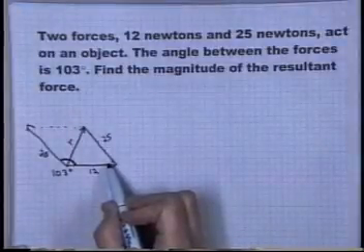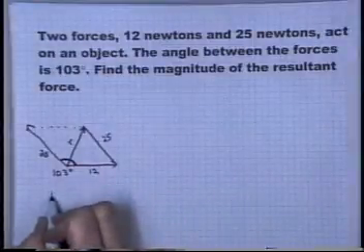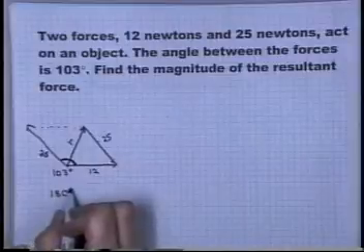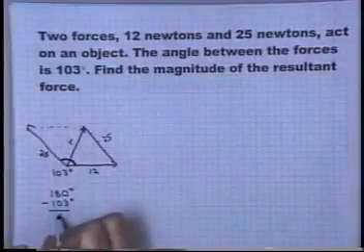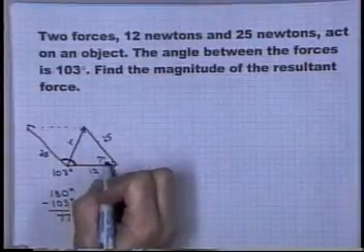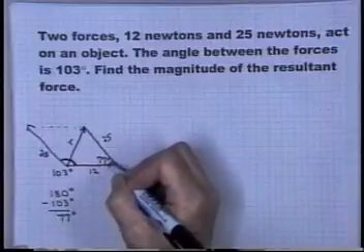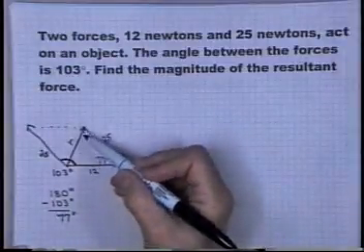Supplementary means that they add together to equal 180 degrees. Therefore, 180 degrees minus the 103 degrees that we have here leaves us 77 degrees for this angle right here in our triangle. Now again, we want to find this side.